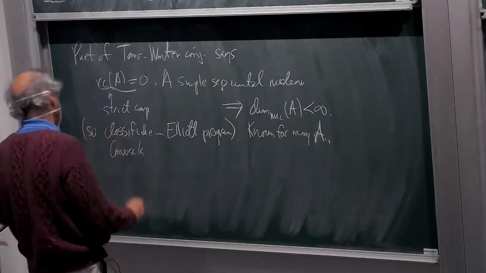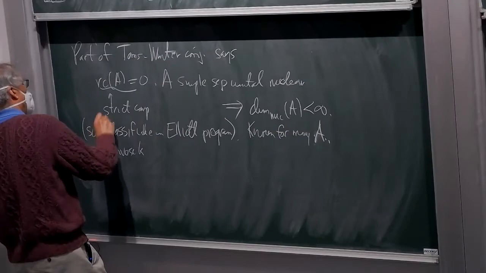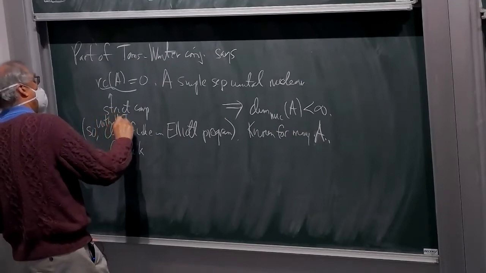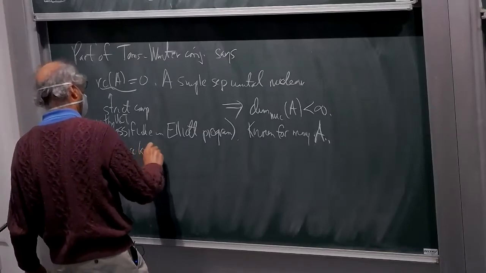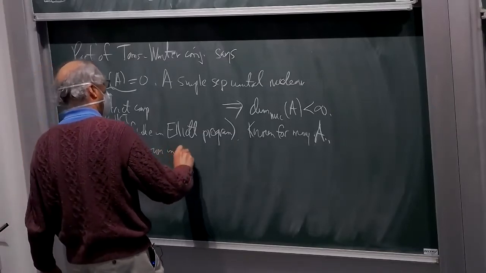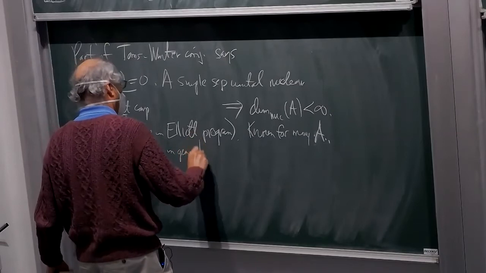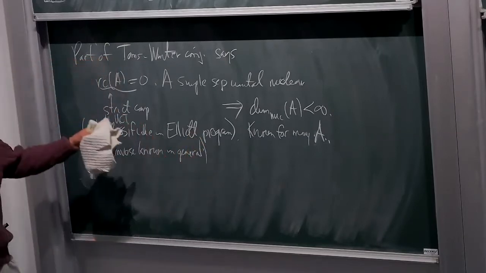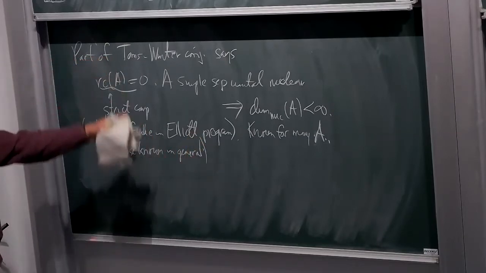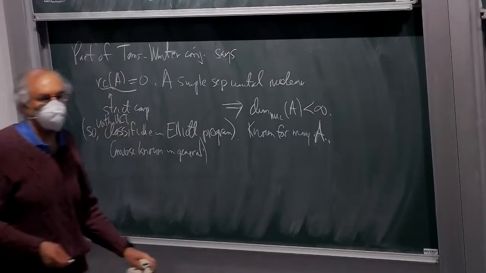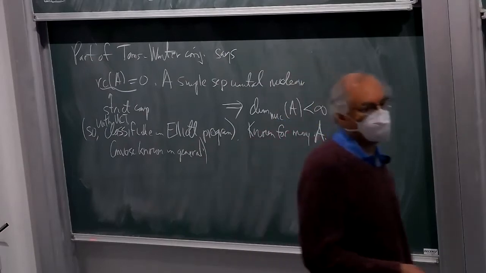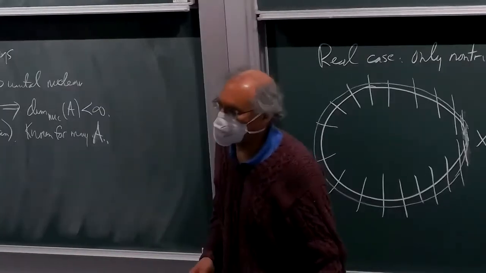Oh, I should say, I forgot the UCT. So radius of comparison 0 and suitable hypotheses of nonstable-dimension type should be equivalent to classifiability.